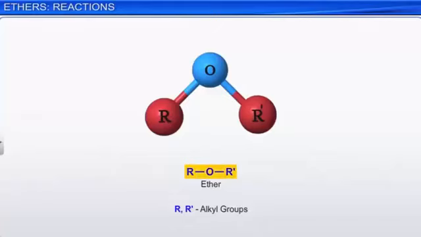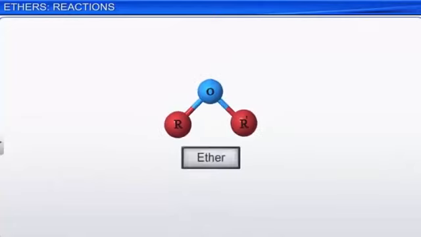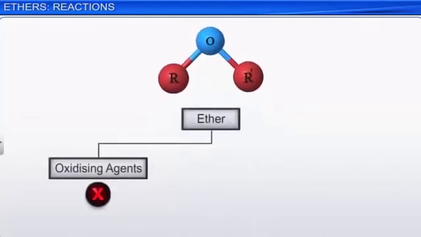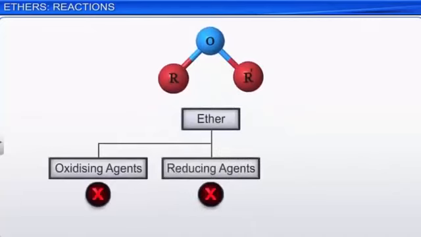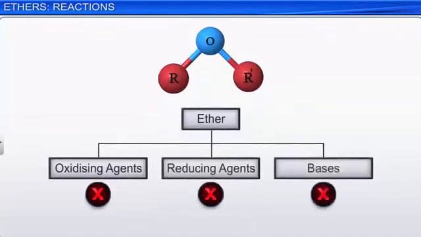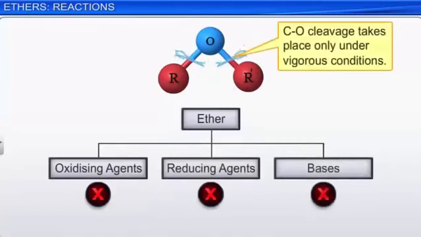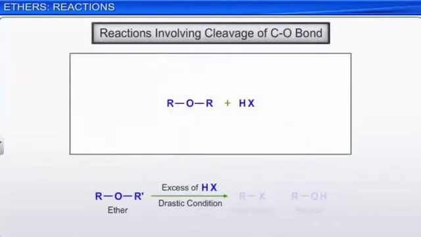Let us look at some important reactions of ethers. The ether linkage is quite stable towards oxidizing agents, reducing agents, and bases. The cleavage of the carbon-oxygen bond in ethers takes place only under vigorous conditions by acids. Hence, acid-catalyzed cleavage of ethers occurs only under drastic conditions.